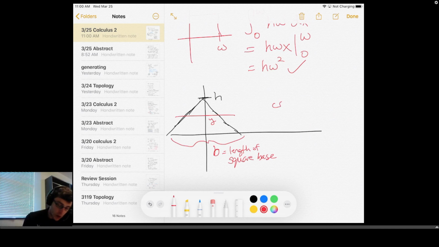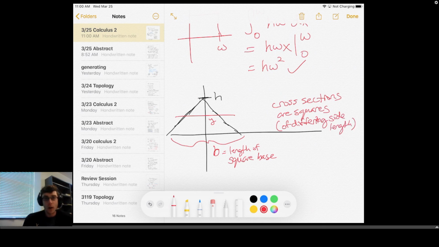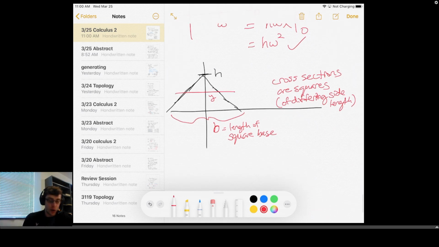The difficulty here is these are of differing side length. So you have to figure out what it's actually going to be at some point y on your y-axis.